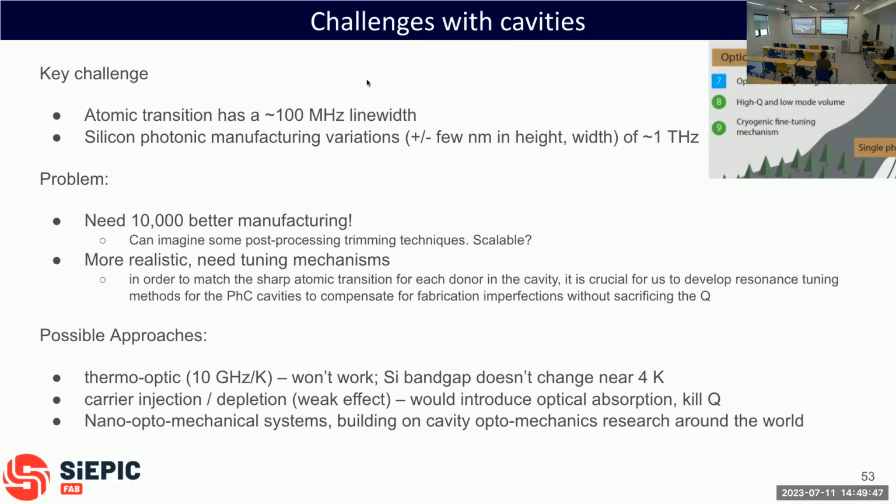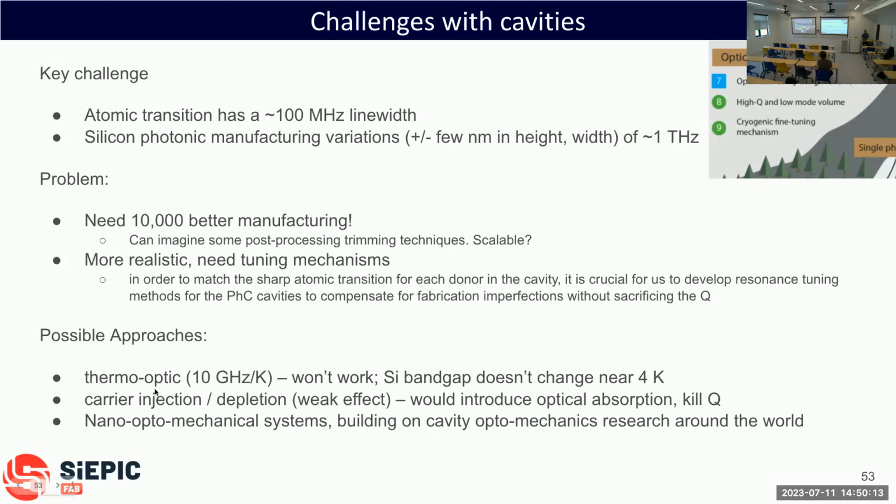So 1 terahertz divided by 100 megahertz is a lot. What it means is we really can't control our fabrication process anywhere close to what's required for this transition. We can't do 10,000 times better. I mean, you can make 10,000 devices and hopefully one of them will work. That's a standard approach. But really what we're going to need is some tuning mechanisms.